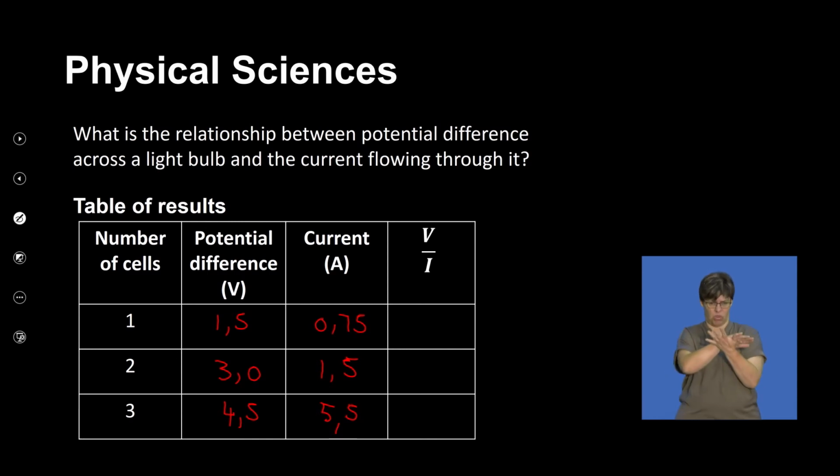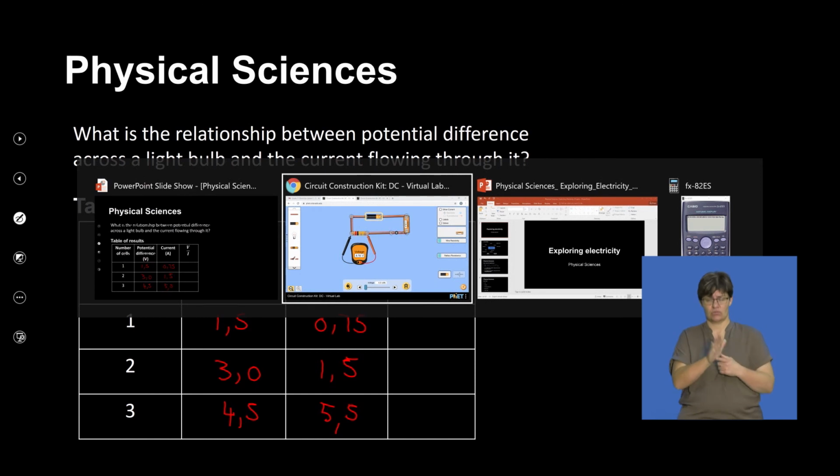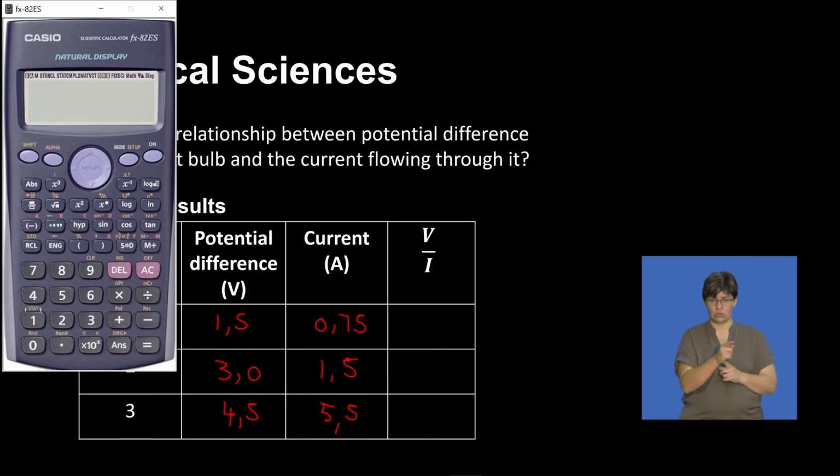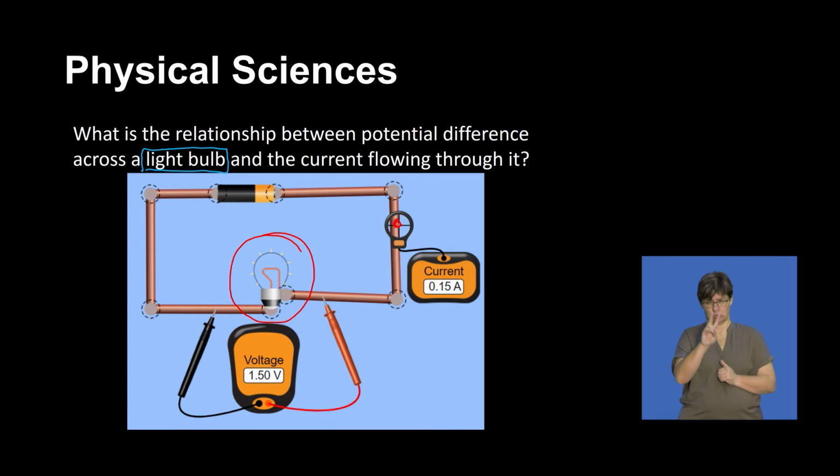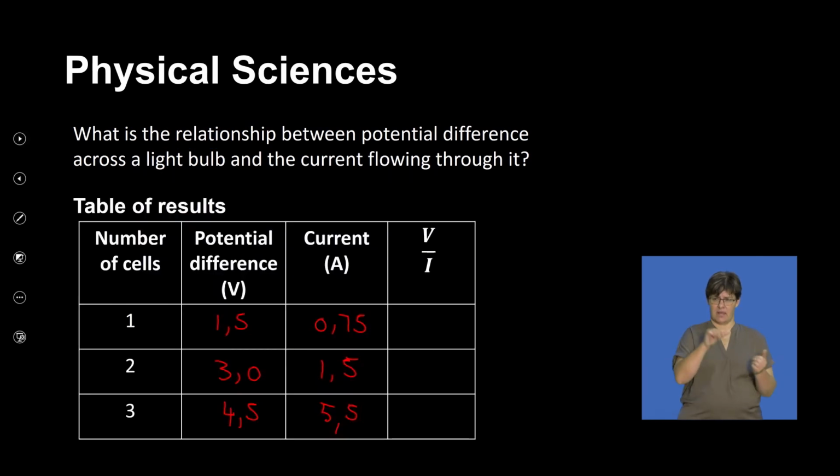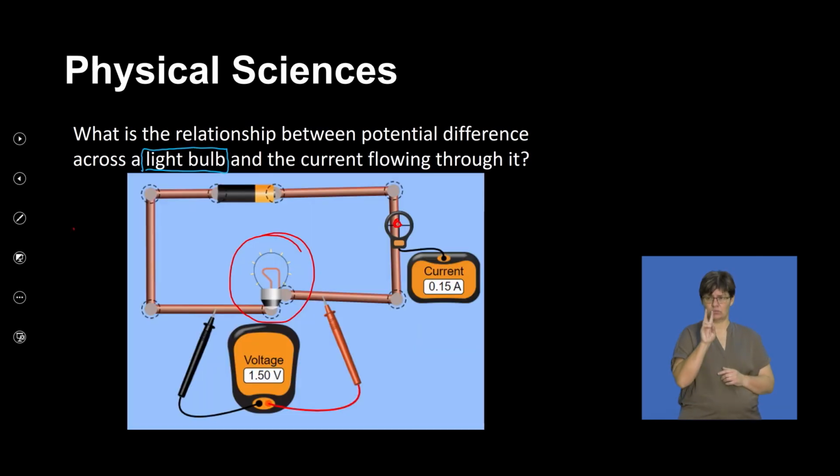And if we go to our calculator just to establish the ratio of potential difference to current, these are the values that we have. So we've got 1.5 divided by 0.75, which should give us 2.